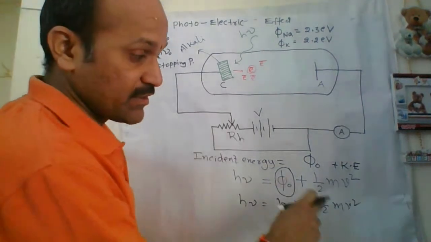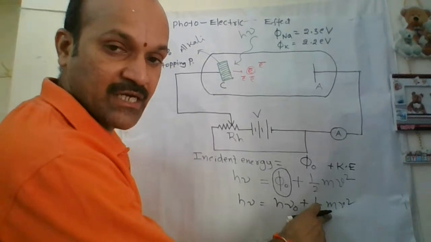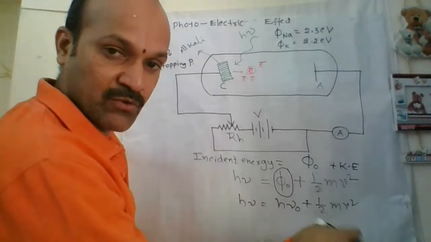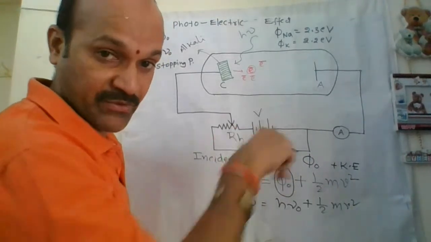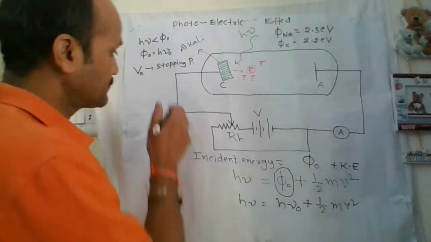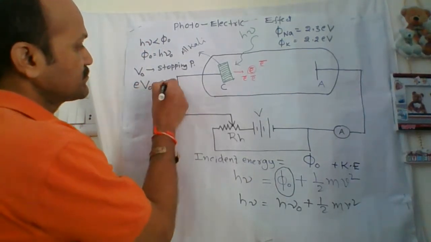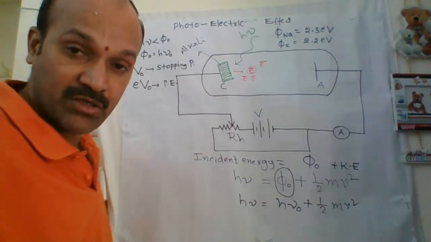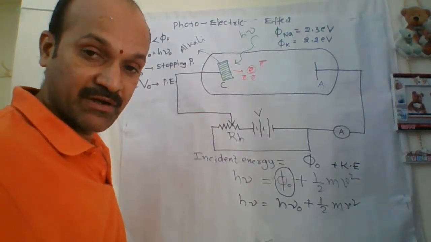If the electrons are moving with velocity v, having kinetic energy half mv square, to stop them you have to apply an energy equal to half mv square but in the opposite direction. That is eV naught, the stopping potential energy, the retarding potential energy.